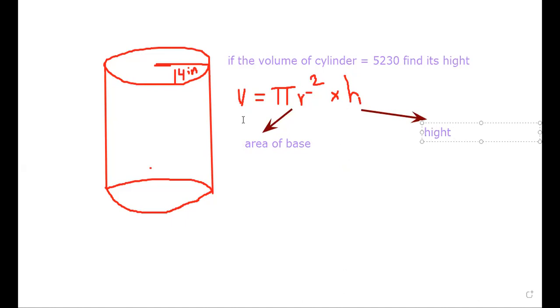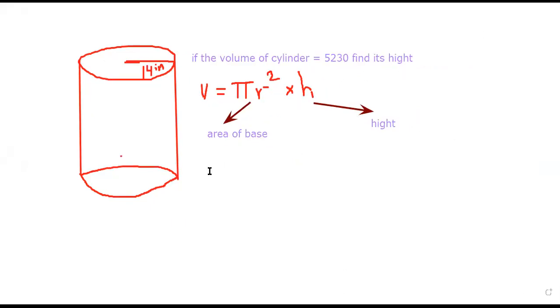Then in case we have a question like this and we are looking for the height, we will only substitute the value for each part. How? We will replace V and put instead of it 5,230. What is the value of pi? If the value of pi is mentioned in the question, it's compulsory to use it.